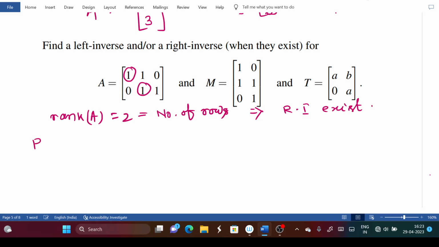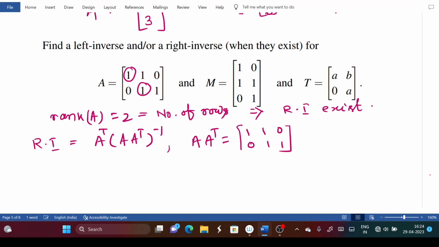And the formula for the right inverse is A transpose times the inverse of A A transpose. Okay, so let us first find A transpose, that is equal to 1 1 0 0 1 1. Then A A transpose is 2 1 1 2.